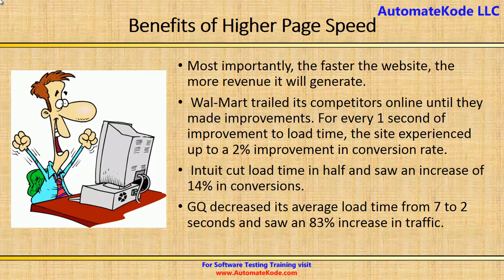Okay, benefits of higher page speed. If the speed is higher, you can see the gentleman here is really celebrating, right? High speed of the internet, high speed of the system. Now, most importantly, the faster the website, the more revenue it will generate, right? Walmart trailed its competitors online until they made improvements.